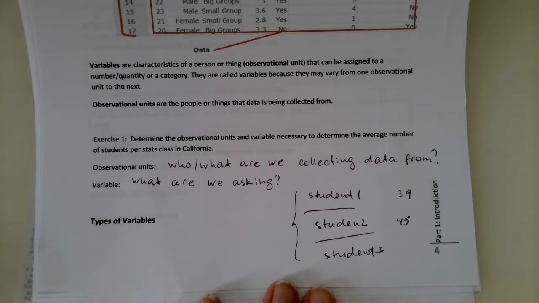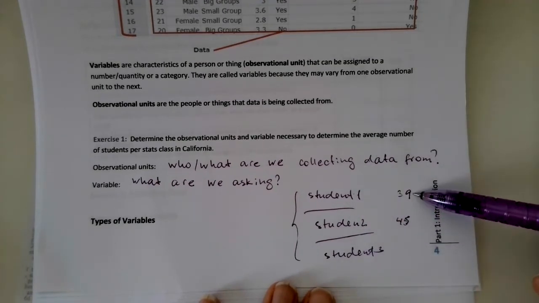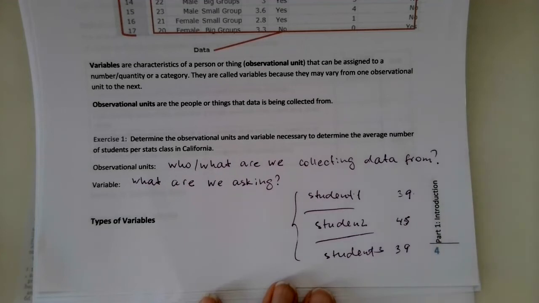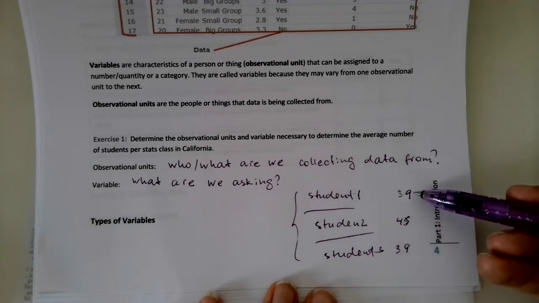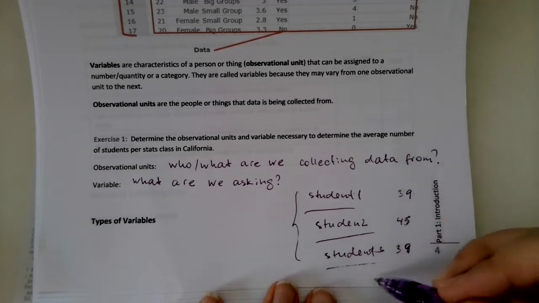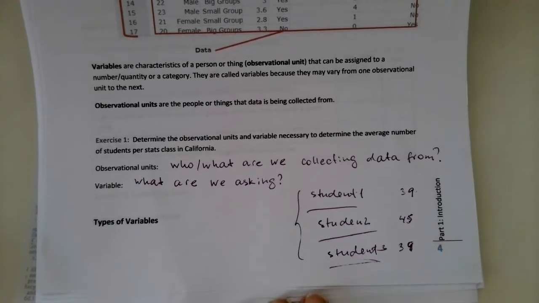And then student 3 happened to be from the same class as student 1, and we're getting the same number from this student as we got from the first student. So we have a repeated number just because we picked a student from the same class. So this would give us an error, wouldn't it?